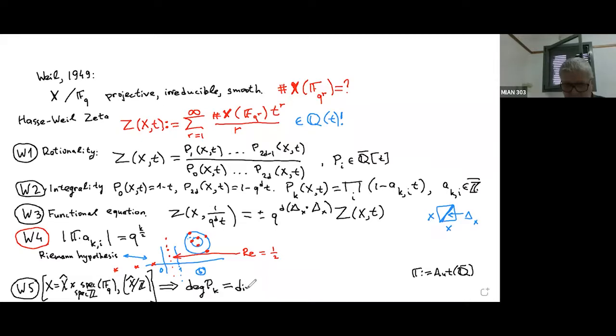Let's write it down as the dimensions over Q of the cohomology of this variety over integers with coefficients in Q. So this is the most strange relation between the arithmetic of the reductions of varieties defined over integers and the topology of their complexification.